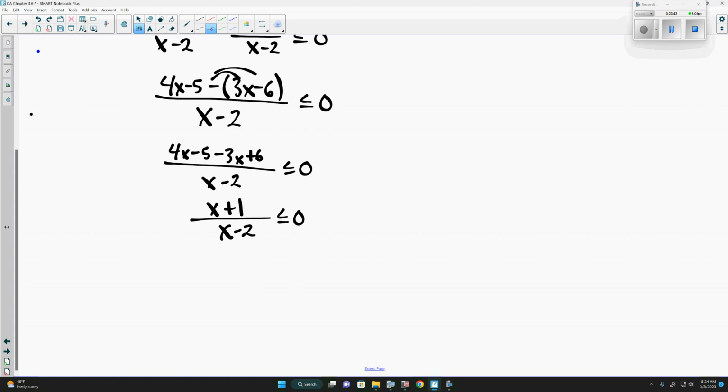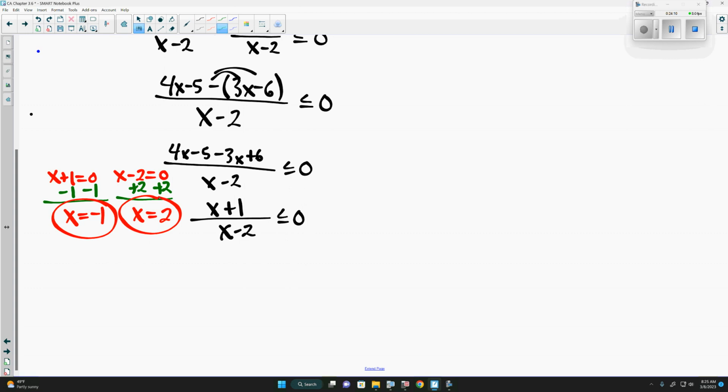So if we want to find our zeros, we're going to set x + 1 equal to 0 and x - 2 equal to 0. For the first one, we would subtract 1 from both sides, telling us x is -1. For our other one, we would add 2 to both sides, telling us x is equal to 2.